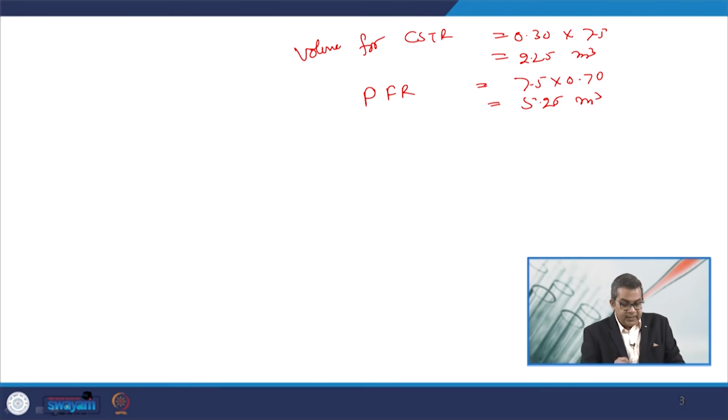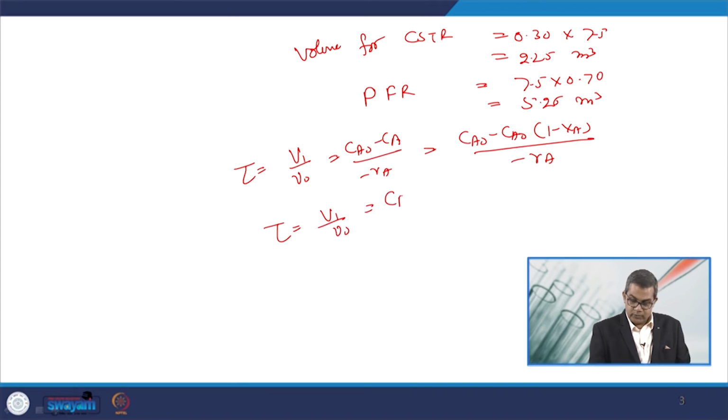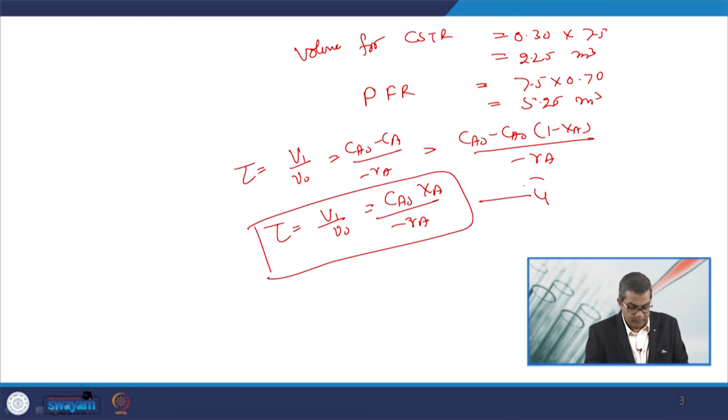Now, for the conversion X1 at the exit of the CSTR in the previous problem, the performance equation can be written as V1 upon V naught, that is equal to Ca naught minus Ca upon minus Ra, and that is Ca naught minus Ca naught into 1 minus Xa upon minus Ra, and tau is equal to V1 upon V naught, that is equal to Ca naught Xa upon minus Ra. That is my equation number 4.